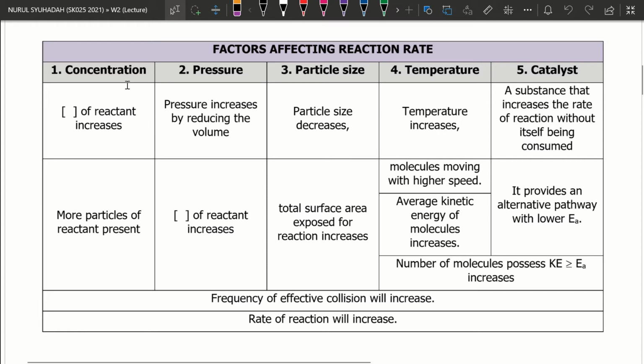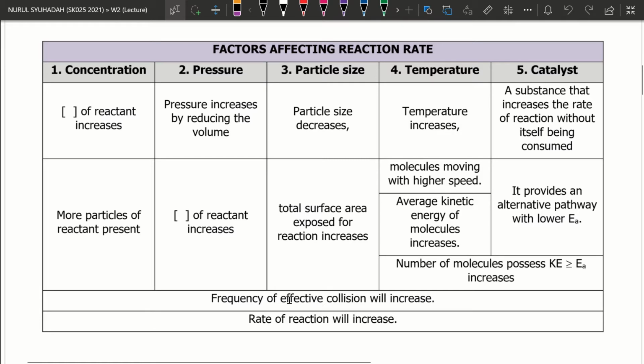So we have 5 different factors here, and if you look down here, the endpoint for each factor is the same, which is the frequency of effective collision will increase and the rate of reaction will increase. As I mentioned in our previous video, the rate of reaction is directly proportional to the effective collision.